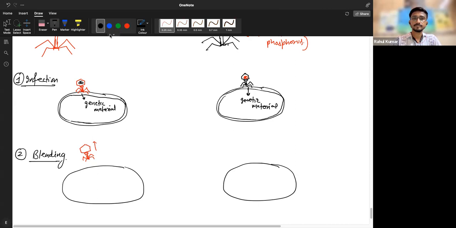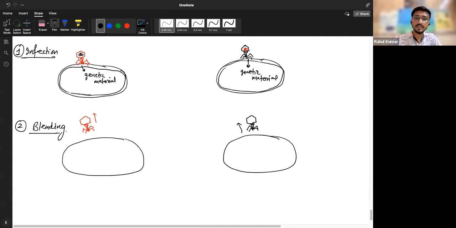Blending is done so that the whole bacteriophage, the virus, does not come down with the bacteria. Otherwise, we will get a wrong signal. We just want this virus to inject its genetic material inside the bacteria and then go away. Do you understand, everyone? Is it clear?